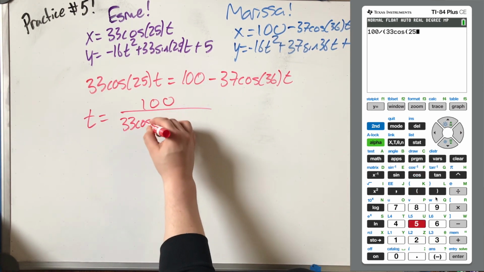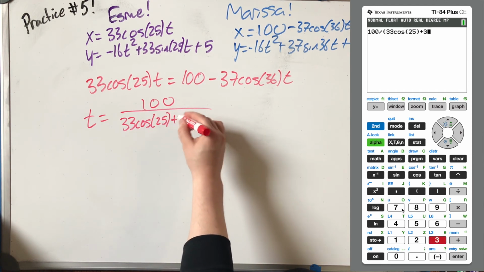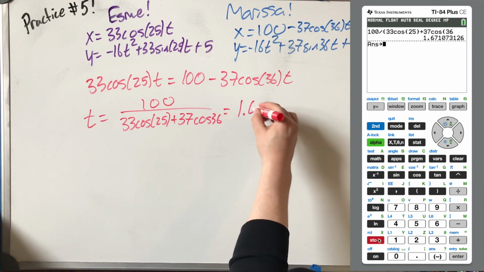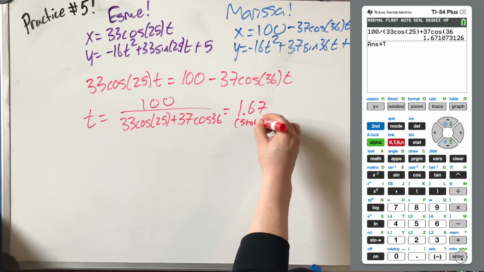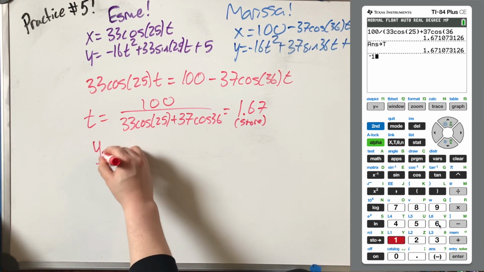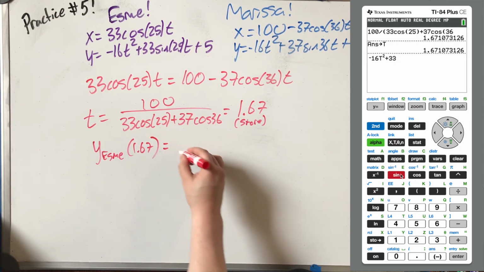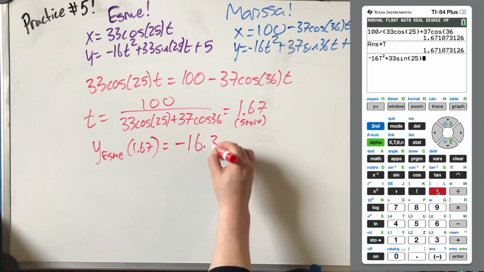Hopefully that's not too much for you to figure out. So doing all that gives me approximately 1.67. I'm again going to store that. I'm going to plug it into Esme's y equation, and I'm going to get negative 16.37.